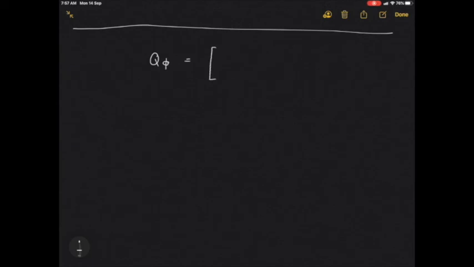So let me remind you at the beginning that Q phi is e to the I phi by 2, 0, 0, e to the minus I phi by 2. It is this phi by 2, that half factor, which carries something extra in this representation.